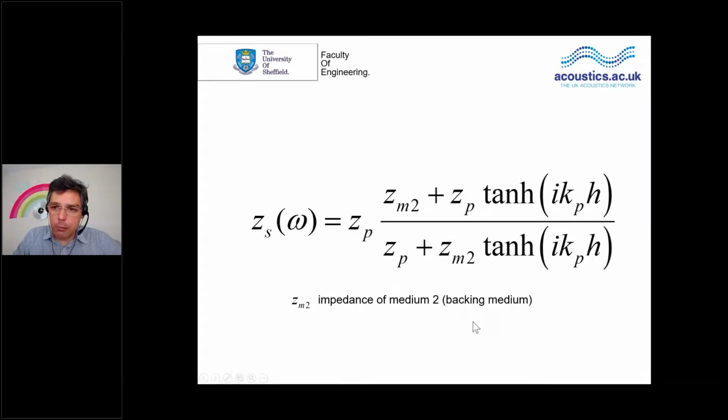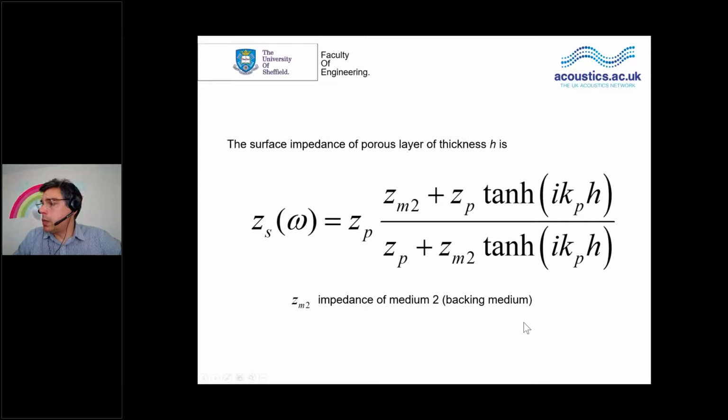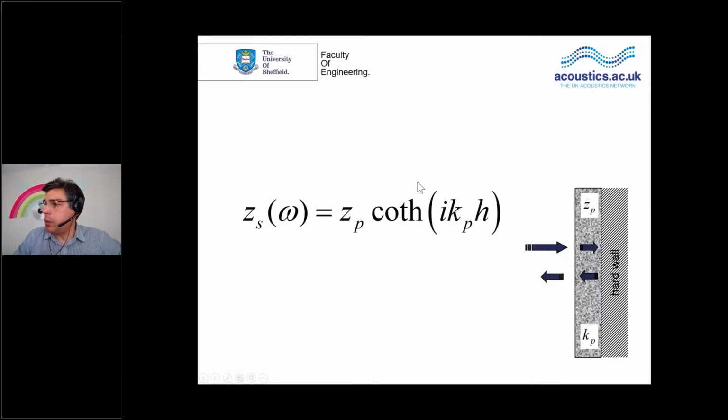If the backing medium is a rigid wall, everything simplifies to this expression, where the surface impedance of this porous layer attached to a rigid wall is the product of the characteristic impedance of this layer multiplied by the hyperbolic cotangent of this quantity.